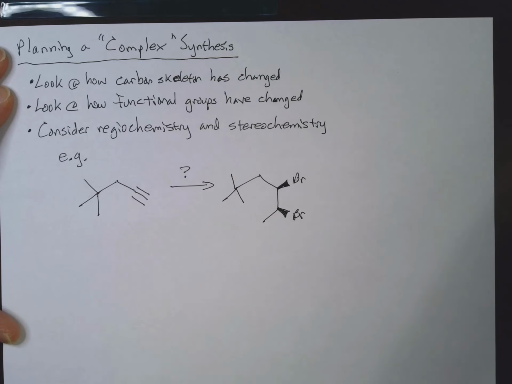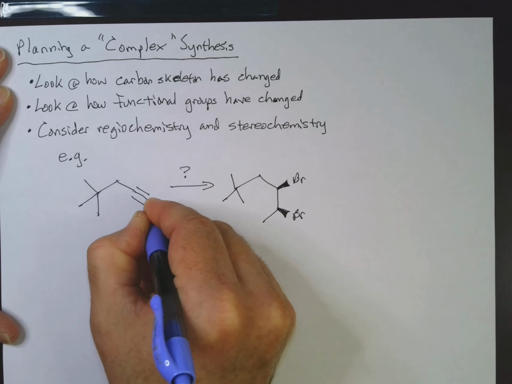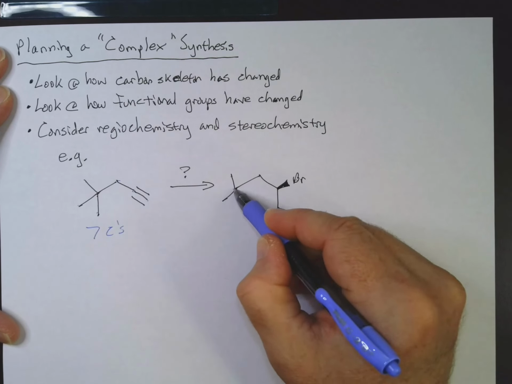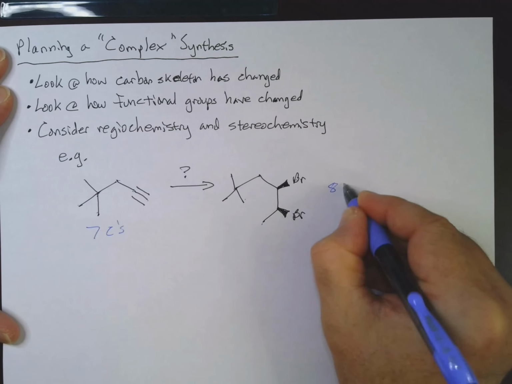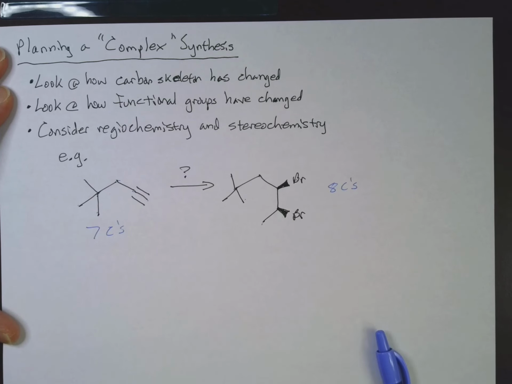Okay, and if we're going to analyze this, let's take a look. First thing, look at the carbon skeleton. I have 1, 2, 3, 4, 5, 6, 7 carbons. Here I have 1, 2, 3, 4, 5, 6, 7, 8 carbons. So I know I'm going to have to create a new carbon-carbon bond. Now what else?